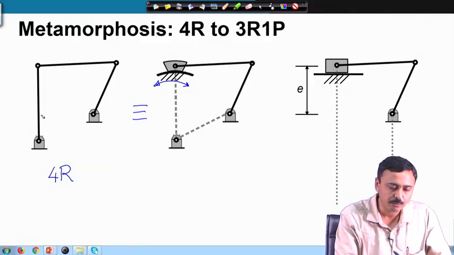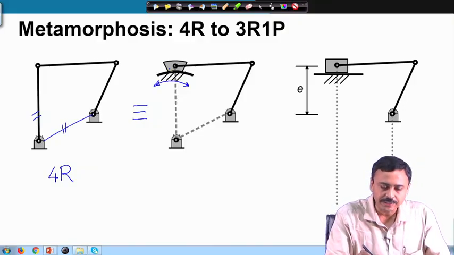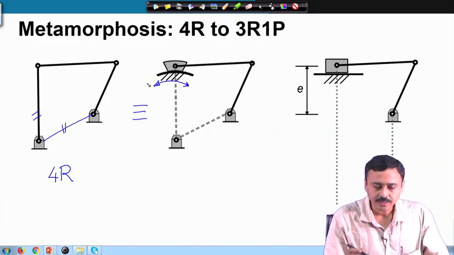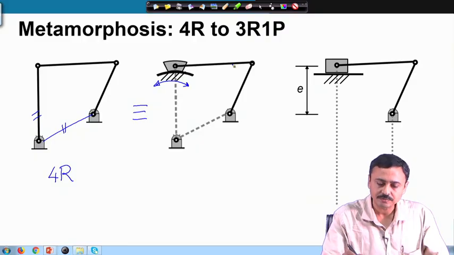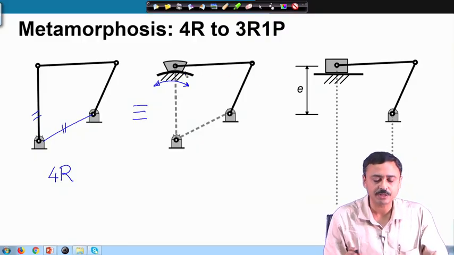Therefore, I have removed this link and the ground link or the line of frame, and I have introduced this slider which is moving on a curved surface. The relative motions of the remaining links are the same as the original 4 bar.